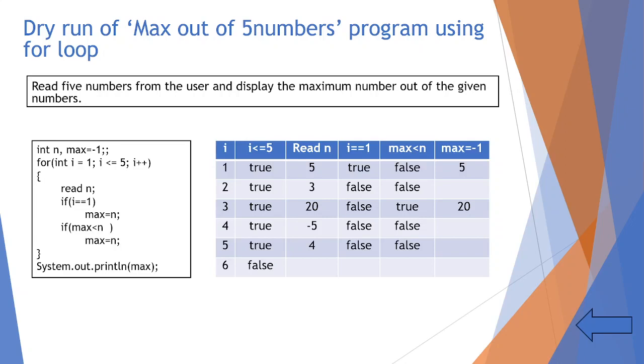For the rest, -5 is not greater than 20, and 4 is not greater than 20, so the loop does not modify the max variable. And then System.out.println max. So whatever we do in our brain, logically we need to give the instructions to the computer.